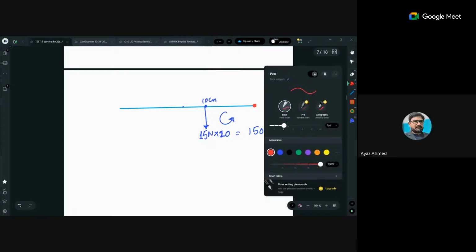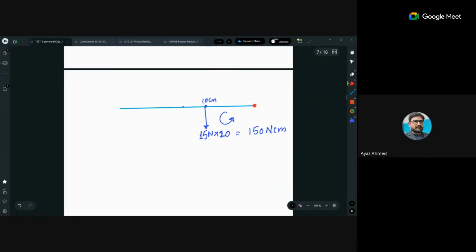Okay, now check the upper one. When you are shifting, the balloon was providing 10 Newton and it was at 30. So when it is shifted 10 centimeter towards right, at what distance must it be? At 20, right?